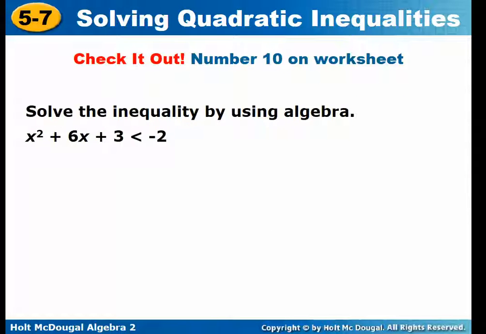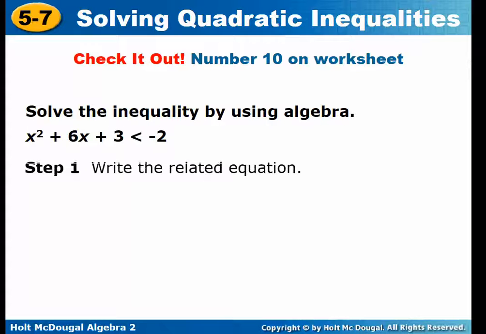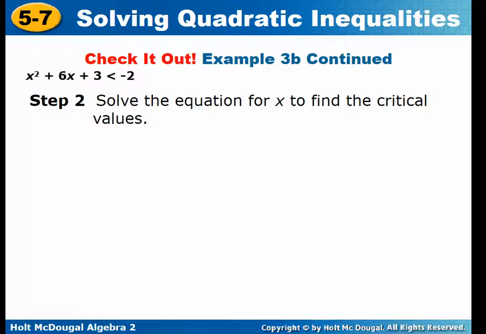Here's number 10 from the worksheet. I'm going to start this one but not finish it. So again, our first step is to replace the inequality with an equal sign, and then we will set this equal to 0. So we will get x squared plus 6x plus 5 equals 0. Then we will factor that.